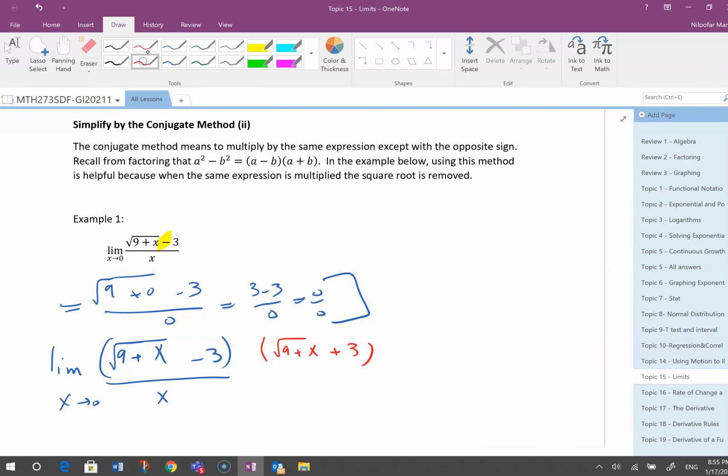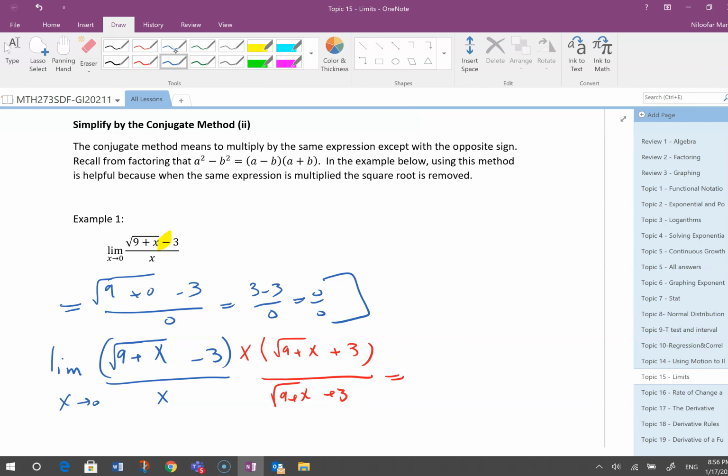Then you would say, but you are changing the question because you are multiplying the top with something else. I say, if I multiply top and bottom, just like if I add to both sides, subtract, multiply or divide both sides of an equation, I don't change the equation. So I multiply and divide at the same time.